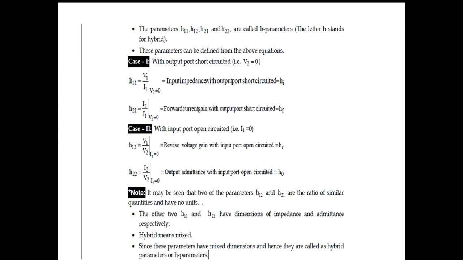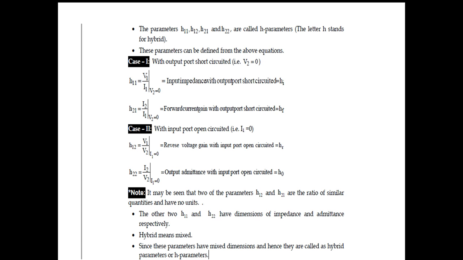All these four parameters are different, mixed. Therefore, they are called mixed parameters or simply hybrid parameters. Since these parameters have mixed dimensions, they are called hybrid parameters or H parameters.